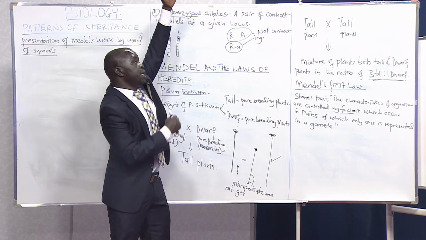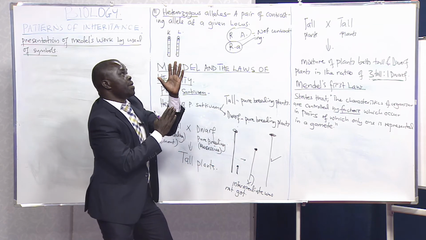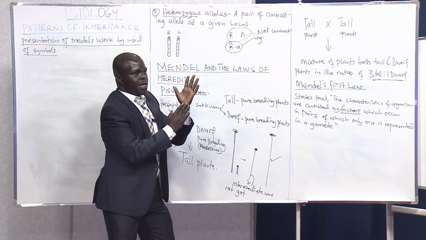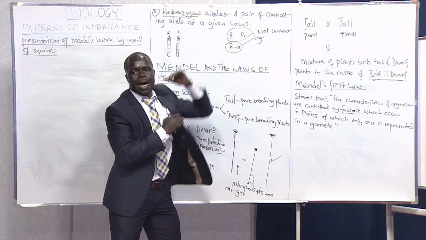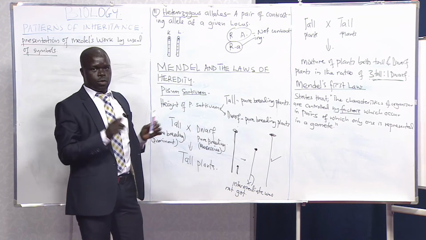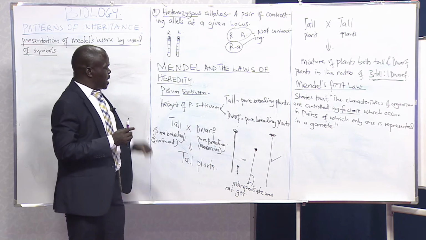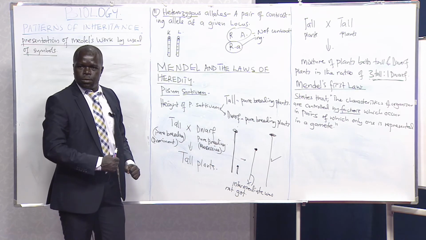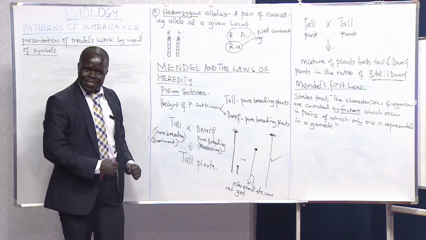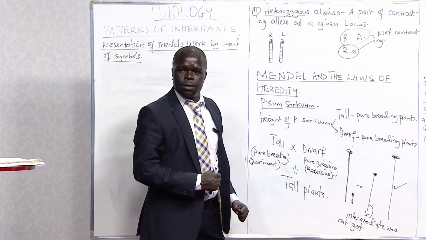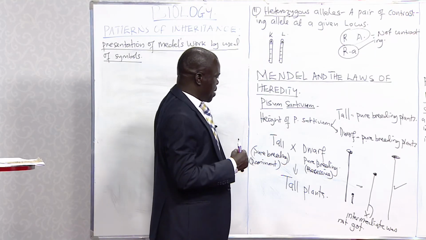This one is tall, then this one is dwarf. Let us mix so as to get the intermediate between tall and dwarf. No, tall says, don't disturb, you cannot do anything when I'm present. I hope you get what I mean.